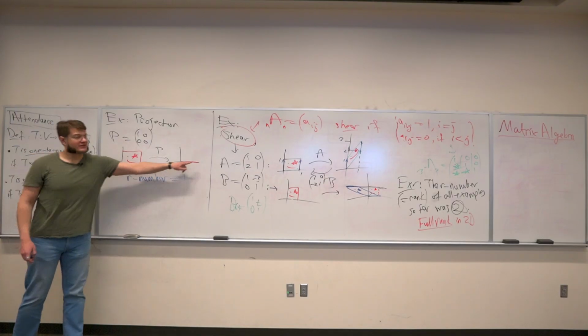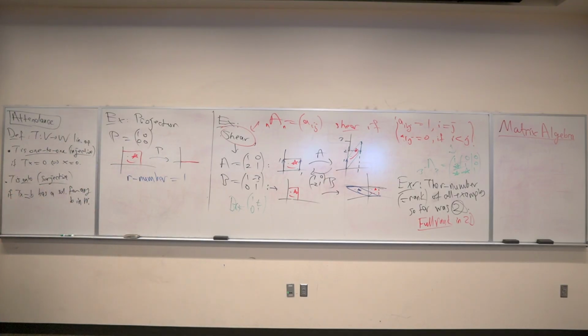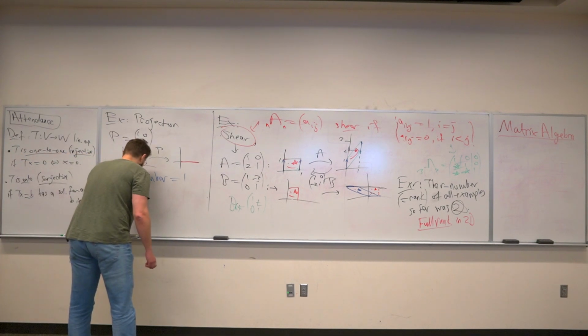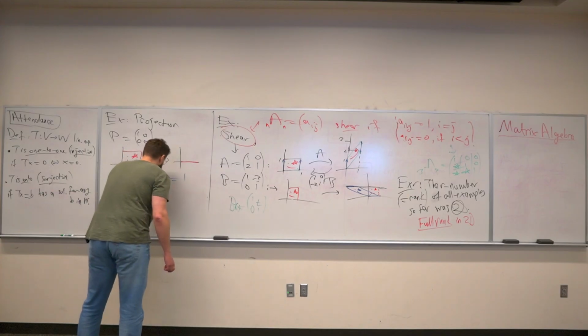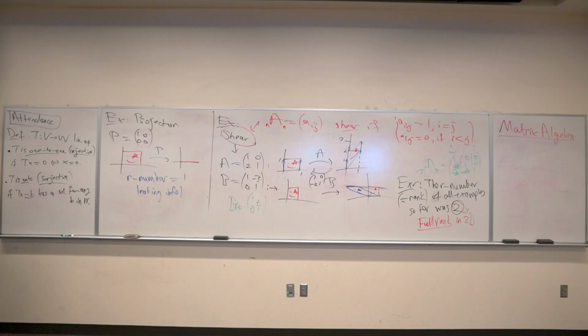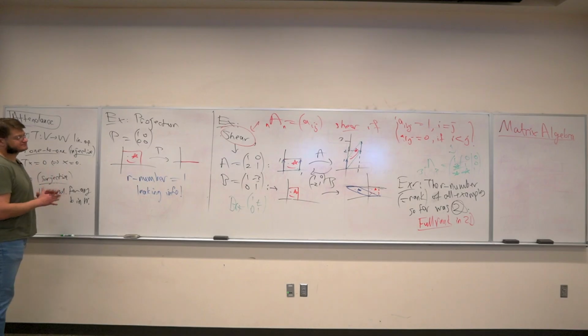Okay? So you have one-dimensional information, leaking info. Okay. So these are the main examples you should keep in mind.